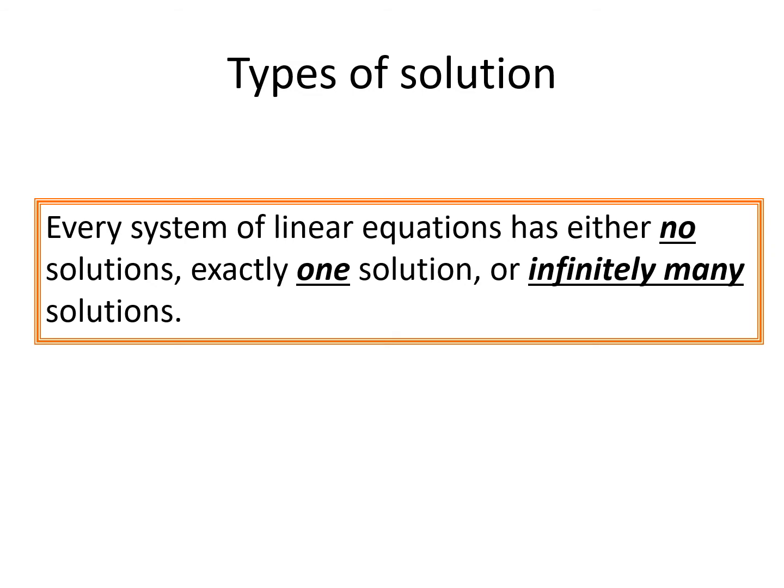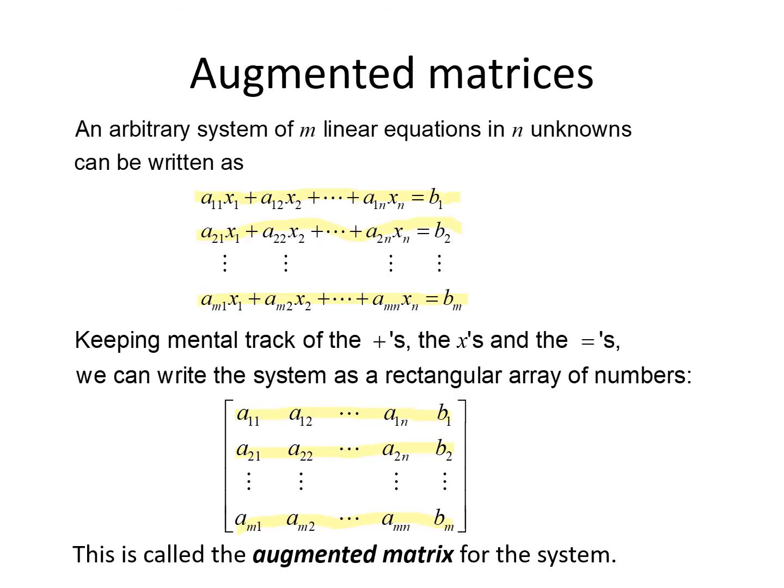You may denote these three types as no solution, exactly one solution or unique solution, or infinitely many solutions. In order to find the solution set, we must write the system of equations into matrix form.